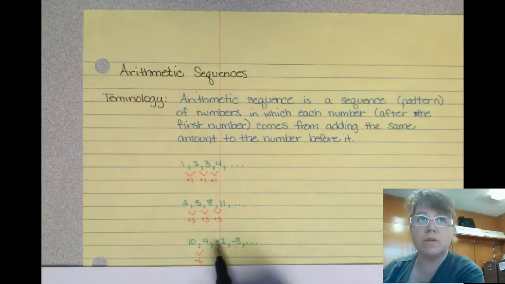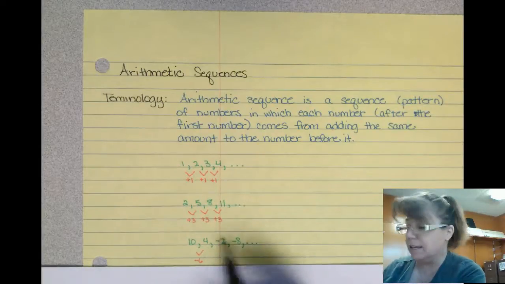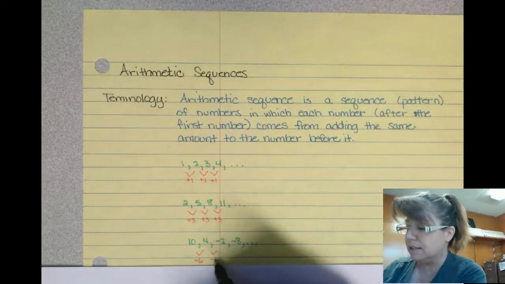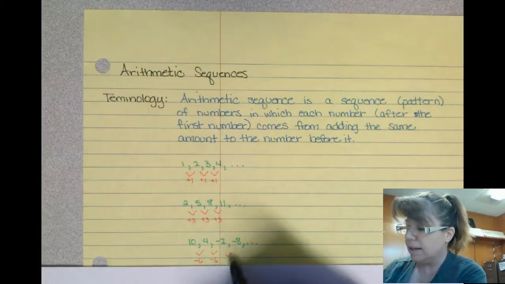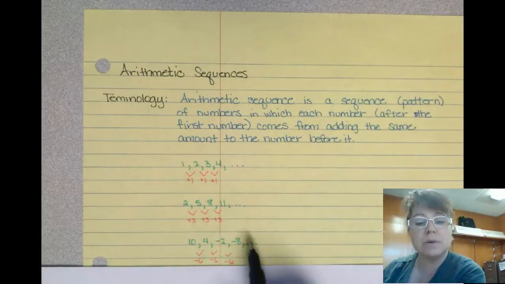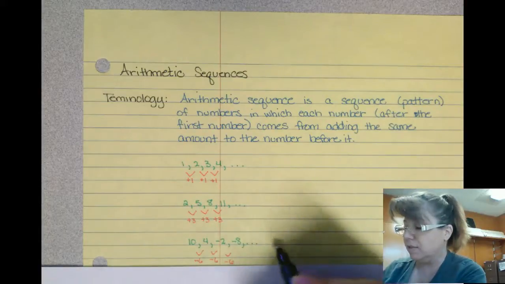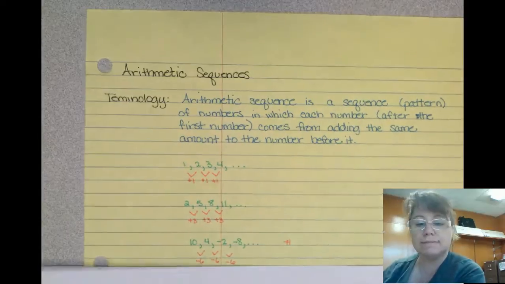Well, if I subtract 4, that gives me 0, and 2 more, that is negative 6. And 2 to get to negative 8 is negative 6 more. So I can see what the pattern is. So the next number is going to be negative 8 plus a negative 6, which is negative 14. And so on.